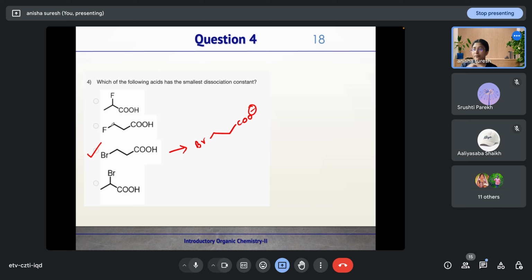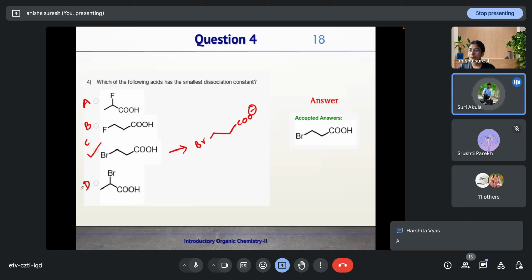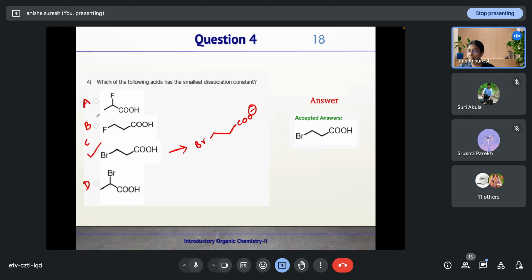So now, when I ask you to arrange these in order of acidity, what will be the order? If I number them A, B, C, and D, which will be the stronger acid?